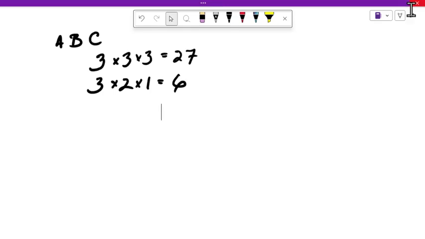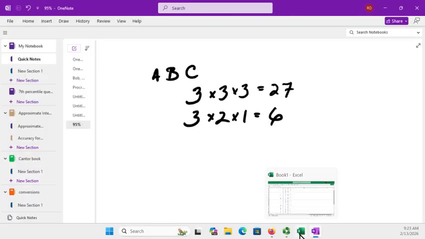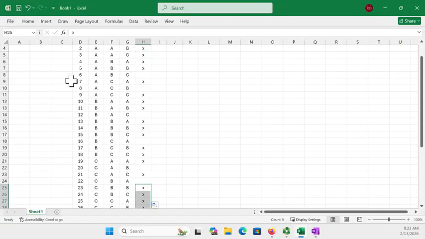So I should have 6 places open, and they should all be some combination of A, B, and C. So I've got ABC, ACB, BAC, BCA, CAB, and CBA. 1, 2, 3, 4, 5, and 6.